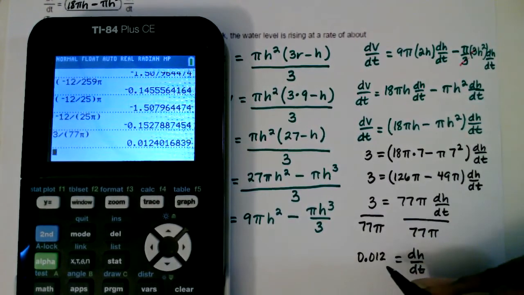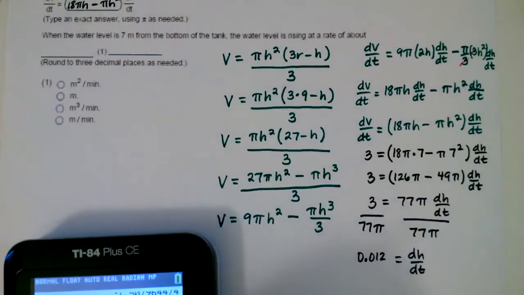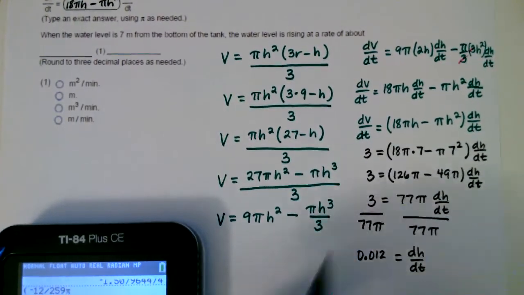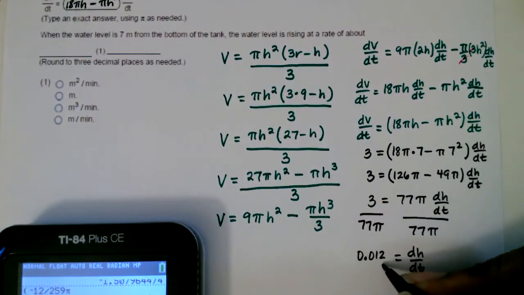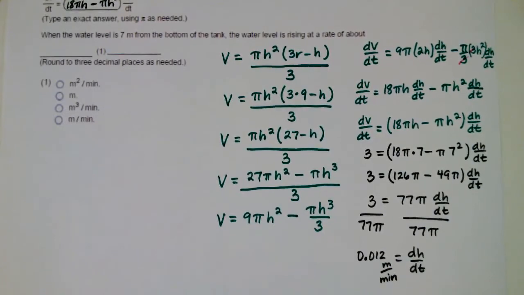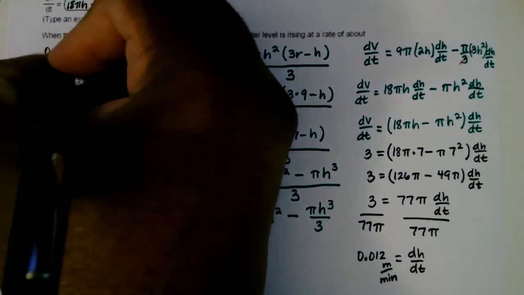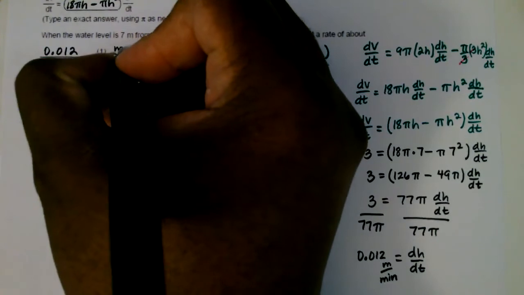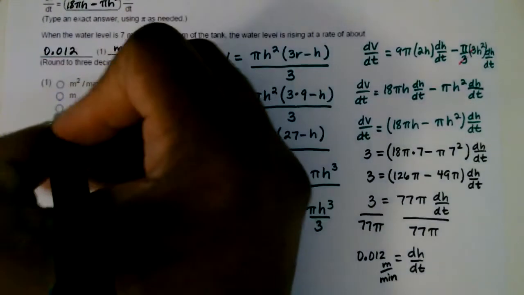And this is, of course, in meters per minute, because our height is in meters. The time we're dealing with is in minutes. So in this case here, when the water level is 7 meters from the bottom of the tank, the water level is rising at a rate of 0.012 meters per minute.